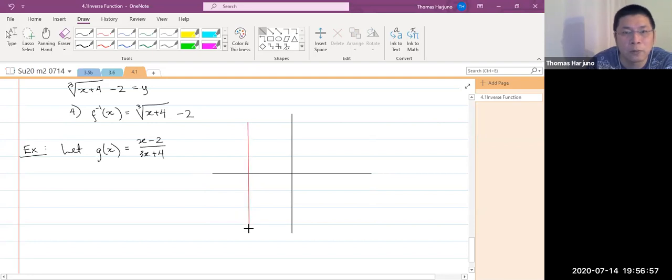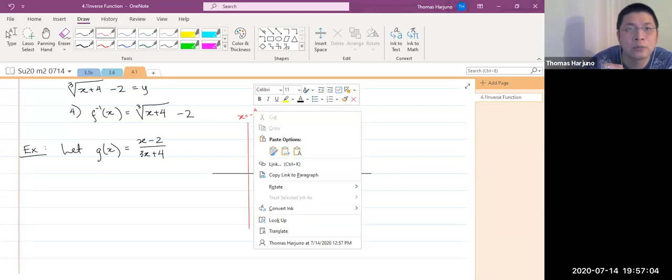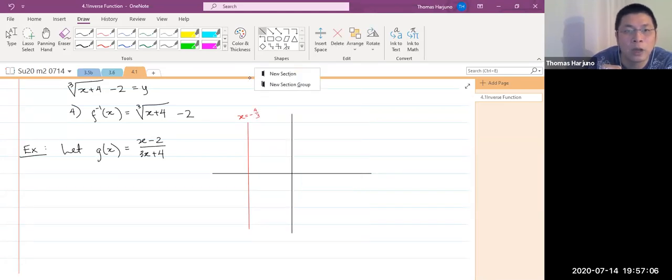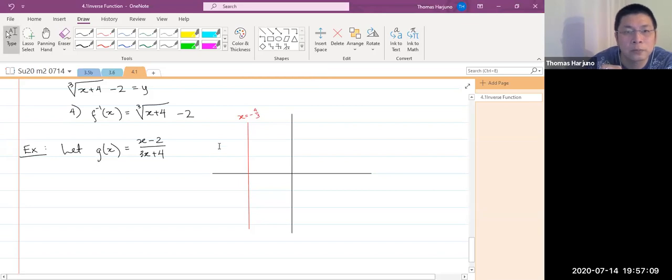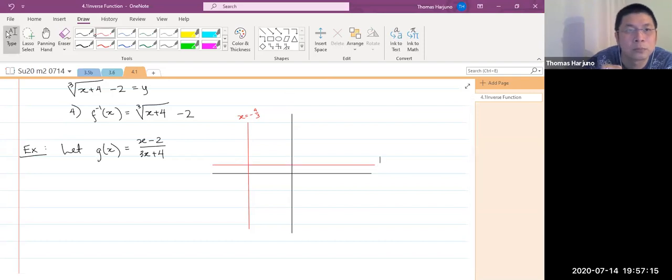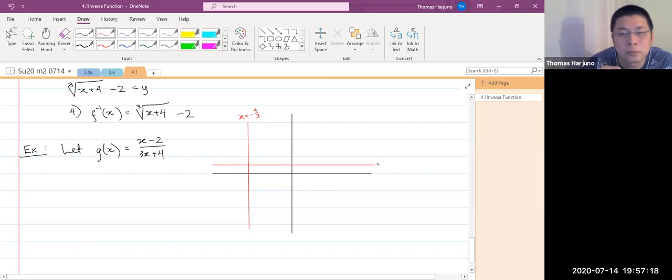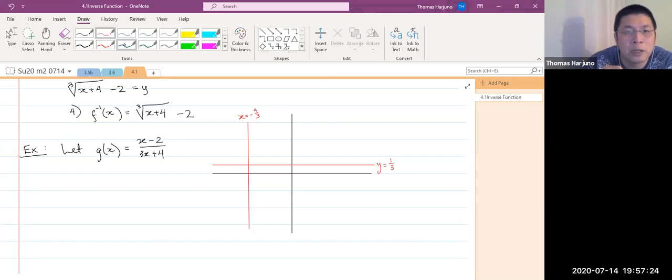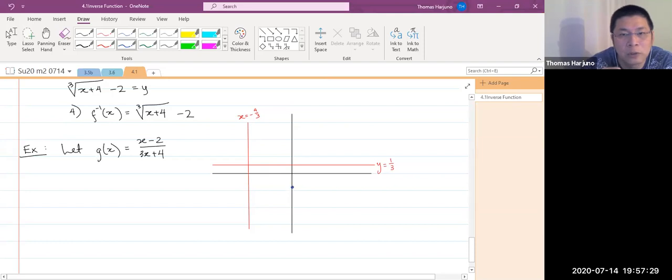And the horizontal asymptote is y equals 1/3. The y-intercept is (0, negative 1/2), approximately here.